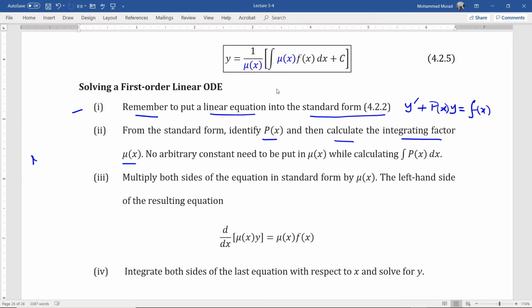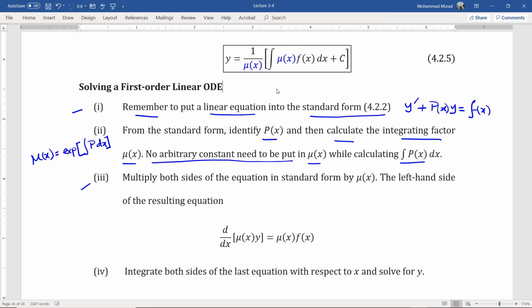By the definition, mu of x equals the exponential of the integral of the function p. No arbitrary constant need to be put in mu of x while calculating the integral of p, as discussed earlier.